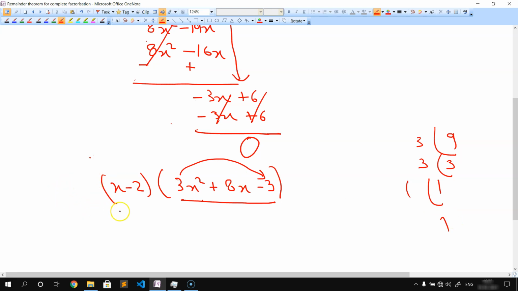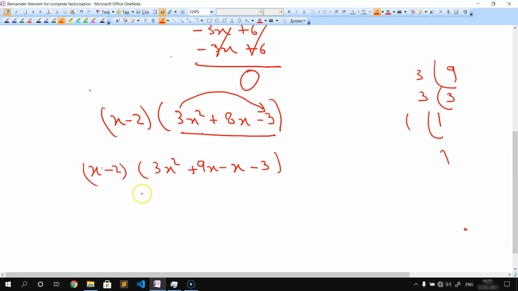So it will become x minus 2 into 3x square plus 9x minus x minus 3. Now we take the common 3x from here.